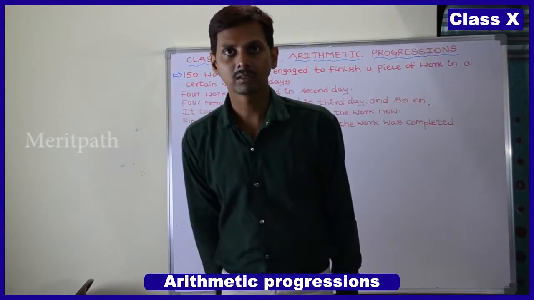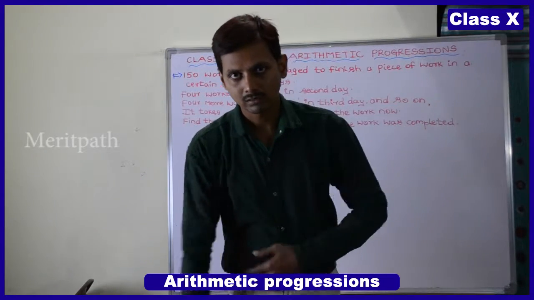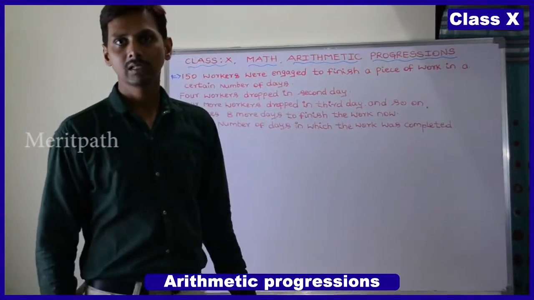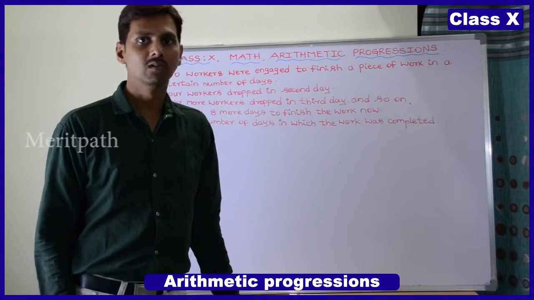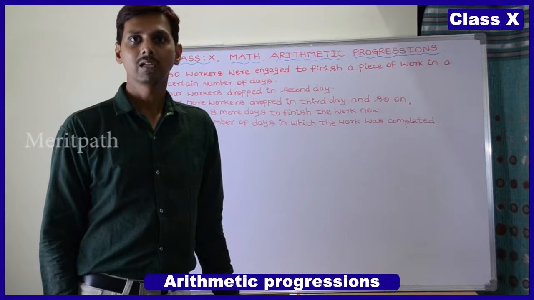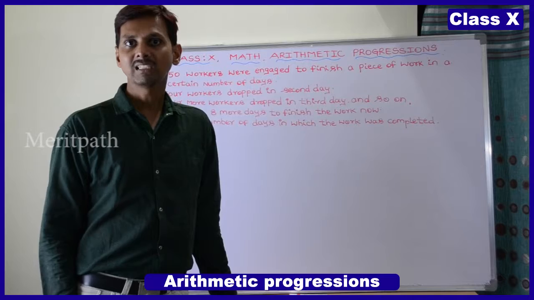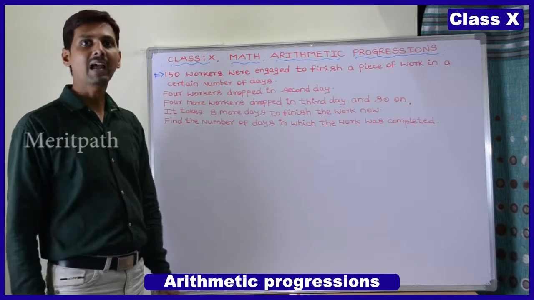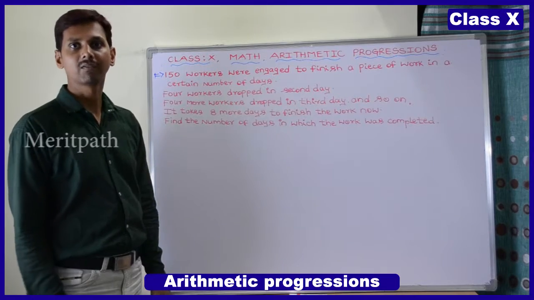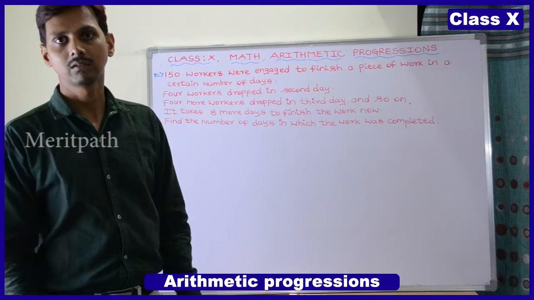There are 150 workers engaged in a piece of work. 4 workers leave on the second day, and on the third day 4 more workers leave. In the same way, 4 workers leave on each day continuously. We need to find how much time they have taken to complete that work if 8 more days are there to complete that work.